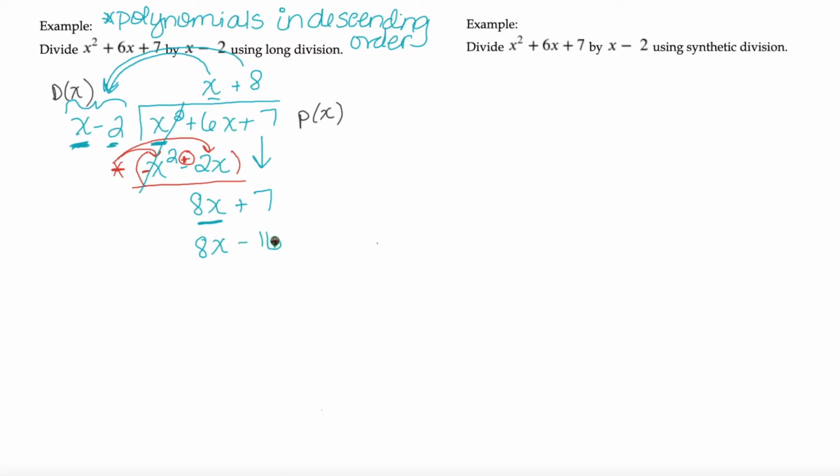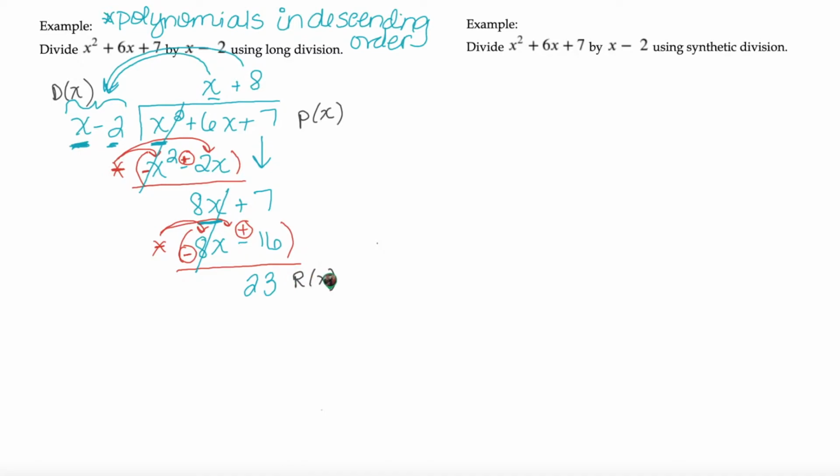And then typically in long division, we want to subtract all of these items. So when I subtract, we need to distribute. We have -8x, +16, and then this disappears. 8x minus 8x creates a 0 pair, and 7 plus 16 is 23. 23 is the remainder polynomial.